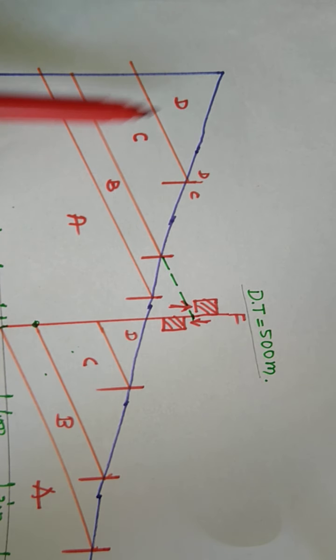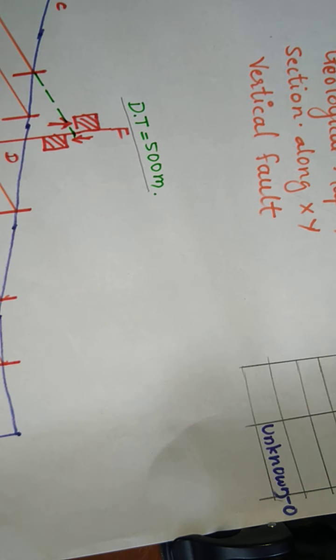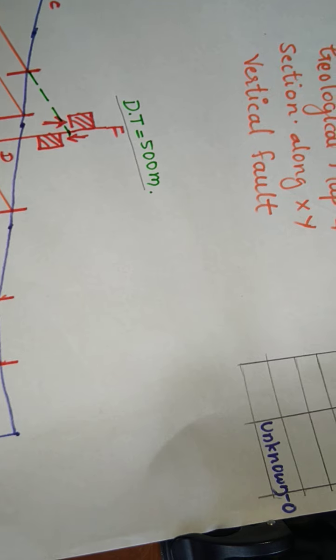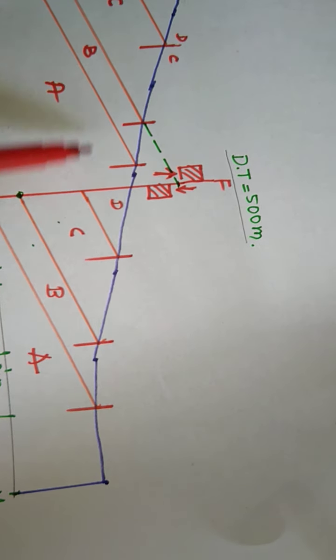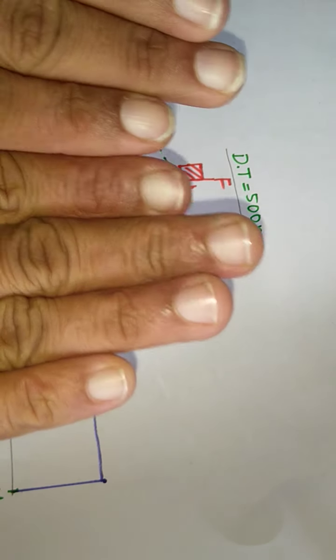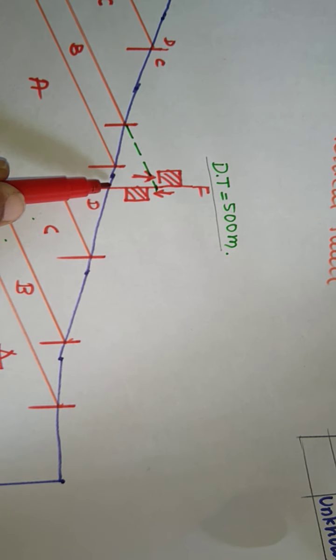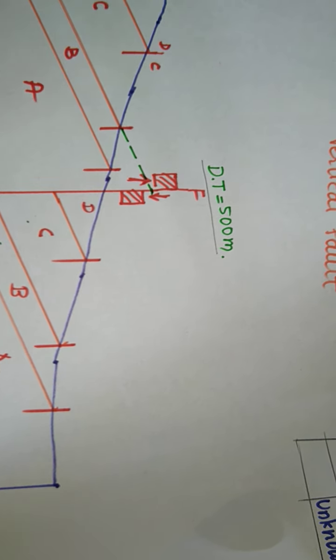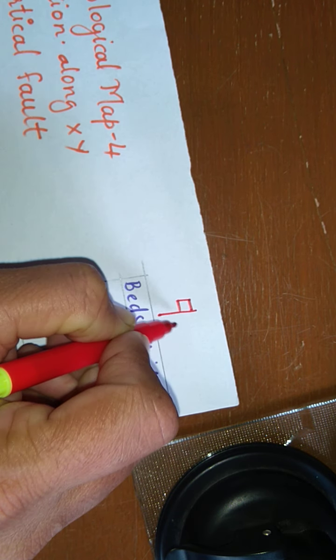So here D is the younger and A is the older bed. But younger than all these beds there is a fault, because after these beds were formed, they underwent displacement, or faulting. Because of this, the fault is younger. So in the index we will show the fault as younger.